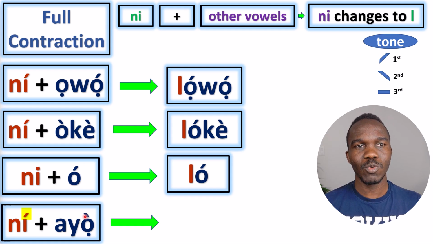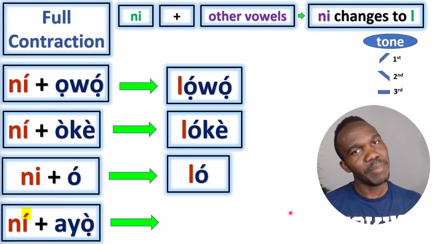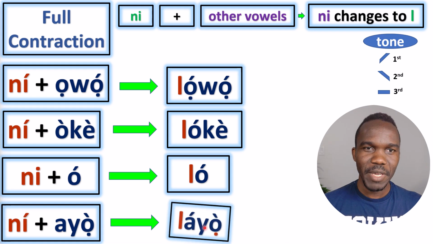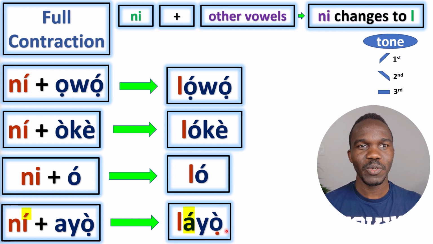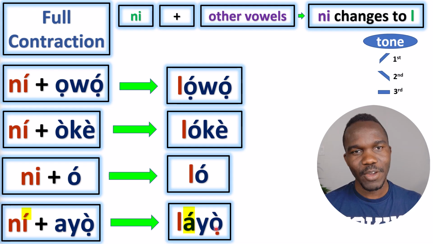Okay? So we put the mi here, because L cannot bear any mark. It's the vowel that will bear the mark. So the vowel bears the mark of the mi that wins. So that will be what? Mi do. Layo.